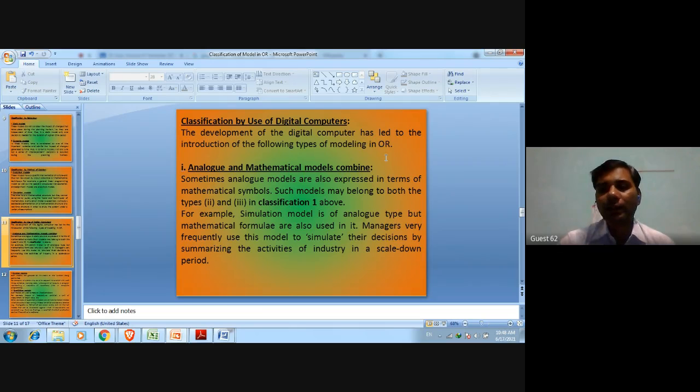If you have seen a situation where a company presents its data, they use this type of model. They also calculate the solution by using formulae and represent it in graphs. So this is called the analog and mathematical combined model.